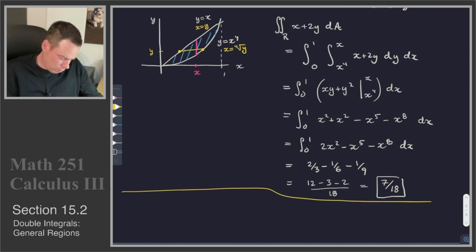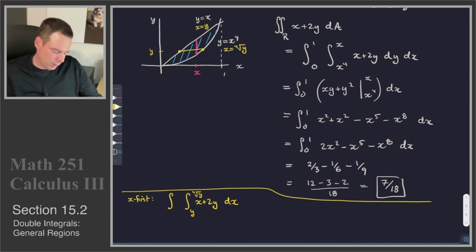If we wanted to do an x first integral, then the integral would be the integral of x plus 2y dx as x ranges over the values from y to the fourth root of y. In other words, from the left endpoint of that line segment to the right endpoint of that line segment.